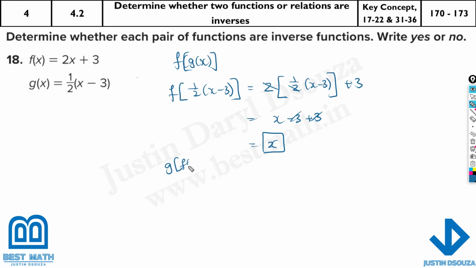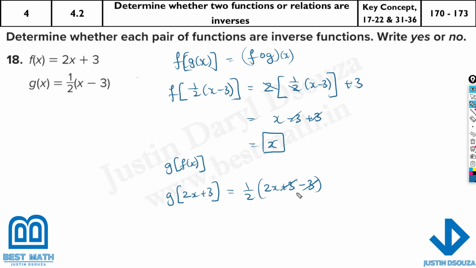g of f of x. This means it is f composition of g, and this is g composition of f. Now here, what is exactly f of x? It is 2x plus 3. That will be equal to half, and instead of x, we have 2x plus 3, minus 3.